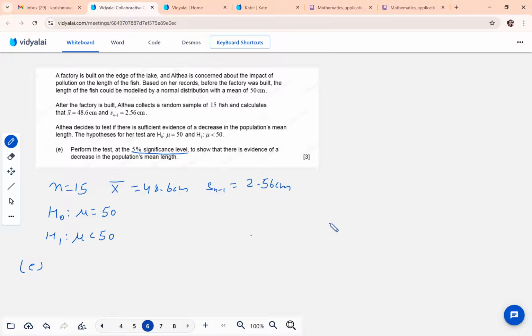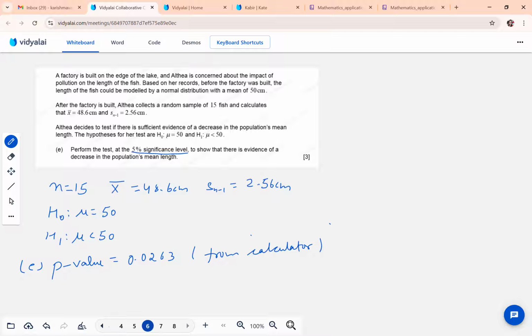Okay, so now here they have defined the null hypothesis, they have defined the alternate hypothesis, they have given you the standard deviation, mean, n value. So you just need to substitute all these again in your calculator, and you need to just put mu less than 50 for H1, and then you will be getting the p value as 0.0263. This we got from the calculator.